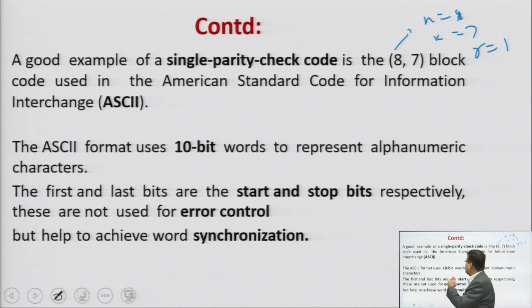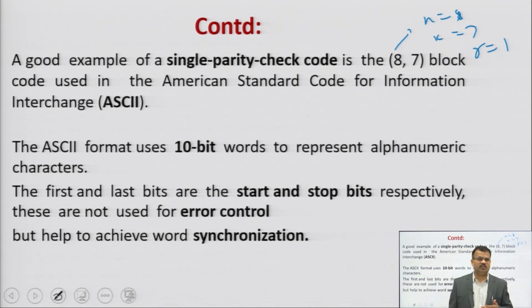So, 8,7 block code single parity check codes that can be used in ASCII code. ASCII means American Standard Code for Information Interchange. This is a very popular and generally used code, ASCII code. Generally, ASCII code format uses the 8-bit words to represent the alphanumeric character.